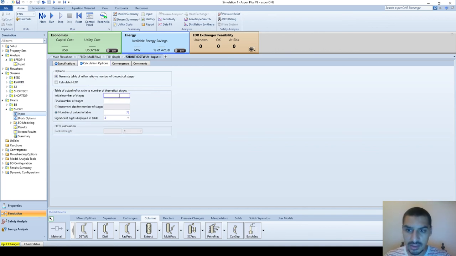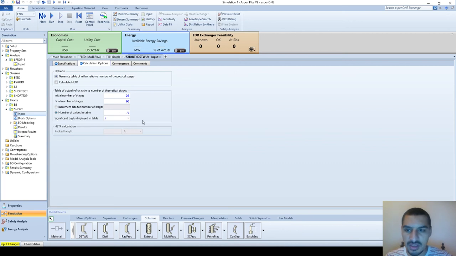So the table needs the initial number of stages and the final number of stages. I'll ask the software to go from how many stages to how many stages. I know that the minimum number of stages was 25, so I'm going to start at 26, and I'm going to go to 60, for instance. And the number of values in the table to be 17.